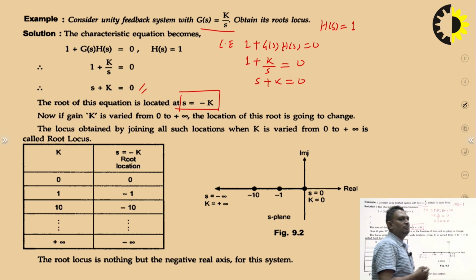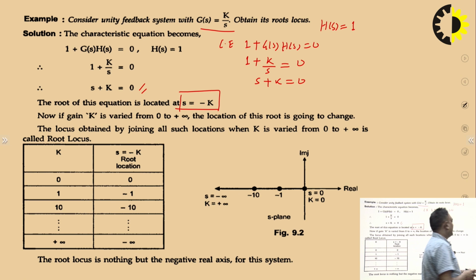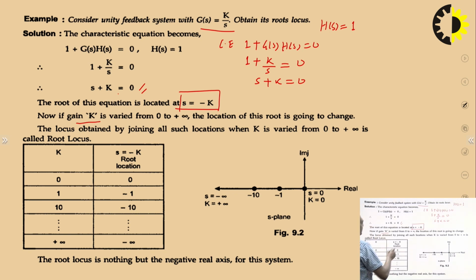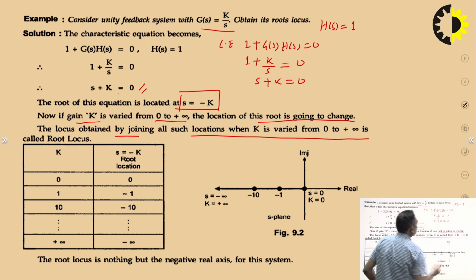Now if we change the gain K, the value of S will change. This is a first order equation, so only one root is there, and that root is S equals minus K. Now we will vary the gain K from 0 to plus infinity. The location of this root is going to change, and the locus obtained by joining all such locations when K is varied from 0 to plus infinity is called the root locus.